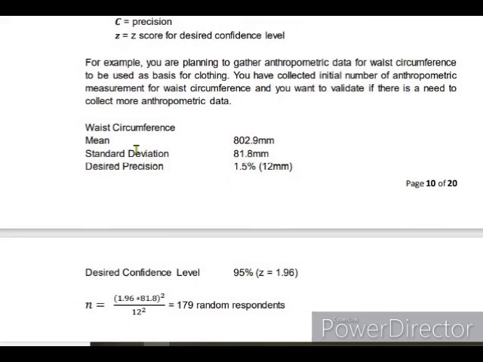So the waist circumference mean, for example, you got 802.9 millimeters. Standard deviation, you got 81.8 millimeters. And the desired precision. So this is now the precision. So 1.5% multiplied by 802.9, which is 12 millimeters. Okay. So it depends. The precision depends on what you are working on. Okay.